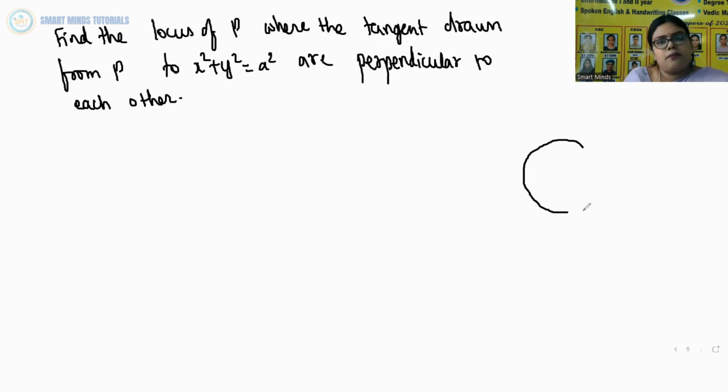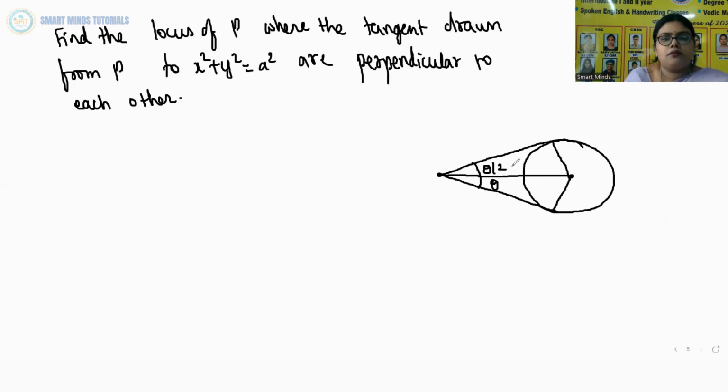So again the same way I draw the circle, I draw a point. This full angle is theta, so this is theta by 2.